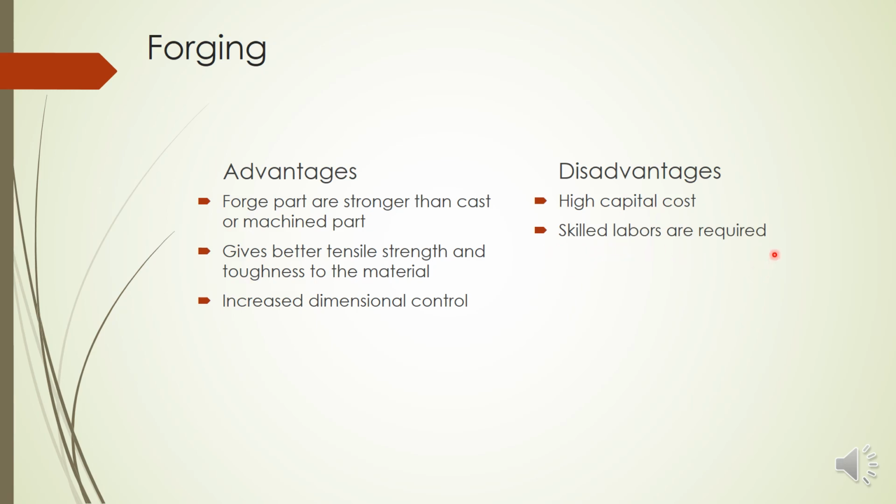Then skilled labors are required, because the workpiece has to be placed in different lengths and different sections continuously with the help of a labor. Normally we will use hot forging only, but this requires a high temperature furnace. So that is mandatory in hot forging. And stronger tools are required. So all these are disadvantages of forging.